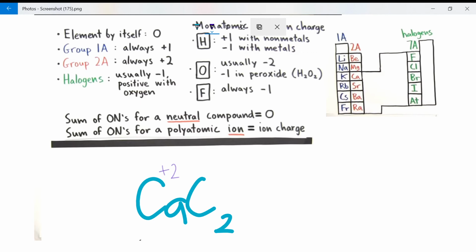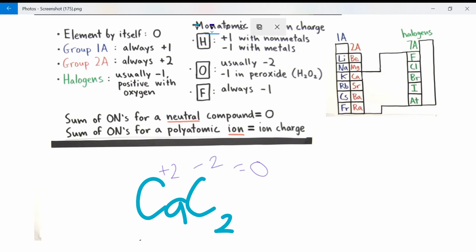Then you can go to carbon times 2. There's really no rule for carbon, but we do know what calcium is. So we can set that equal to 0, and it would be +2 - 2 equals 0.